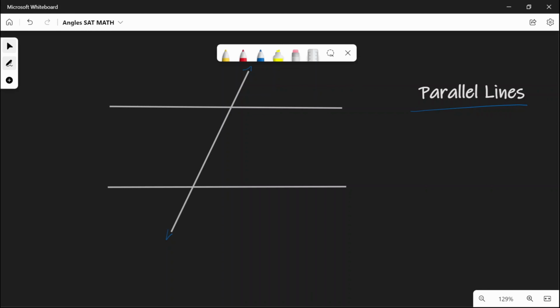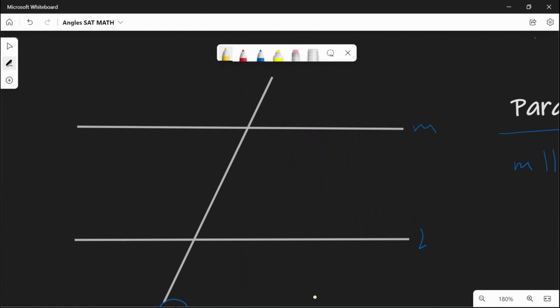So let's say this is line M and this line L, and this is line K. So line M and L are parallel, and line K crosses these two lines. Let's say that this angle here is equal to x, and that angle is equal to y.